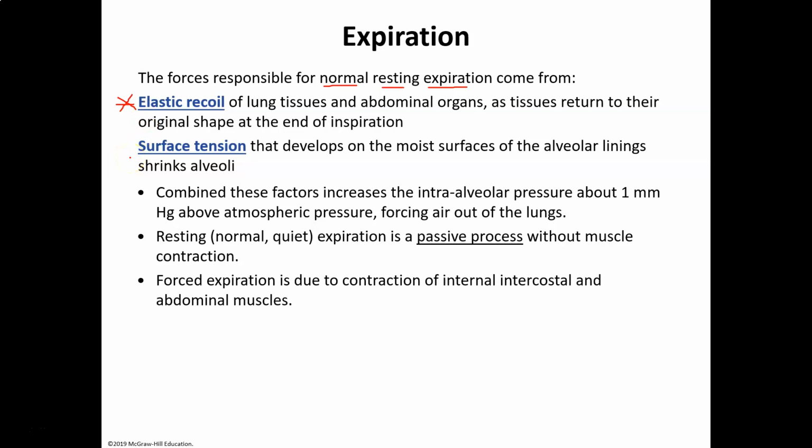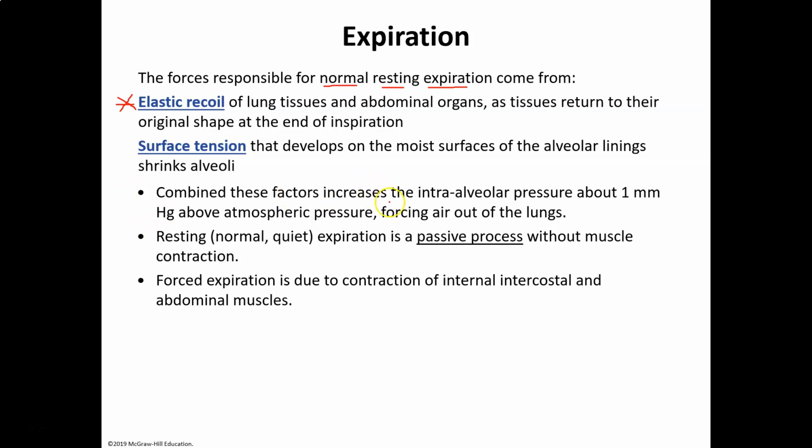Surface tension that develops on the moist surfaces of the alveolar linings shrinks the alveoli. So even though you're reducing surface tension with surfactant, you've expanded the alveoli. That alveolus will, under surface tension, because of the water in there, because it's humid, shrink just a tiny bit. But you have trillions of alveoli, so it doesn't take much.